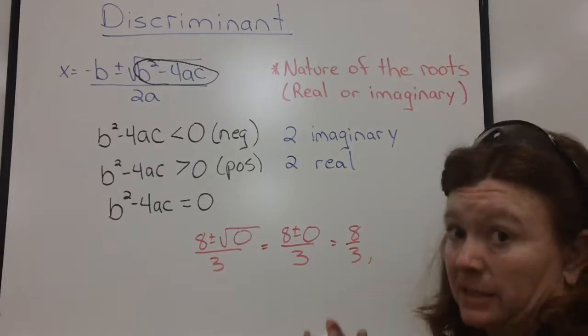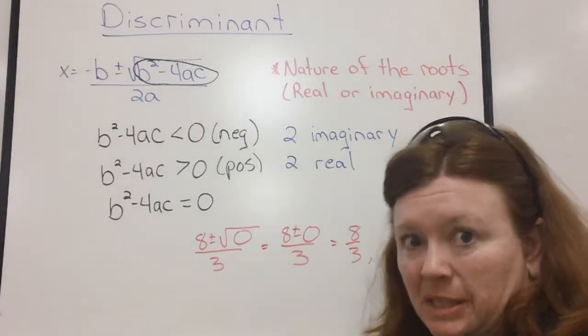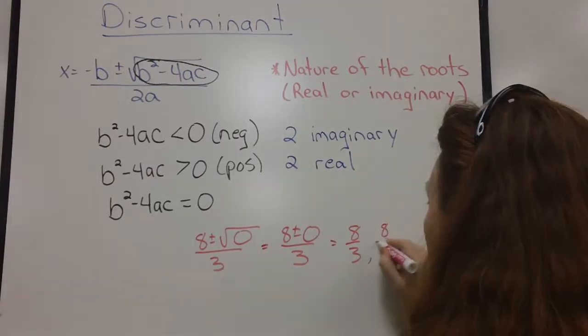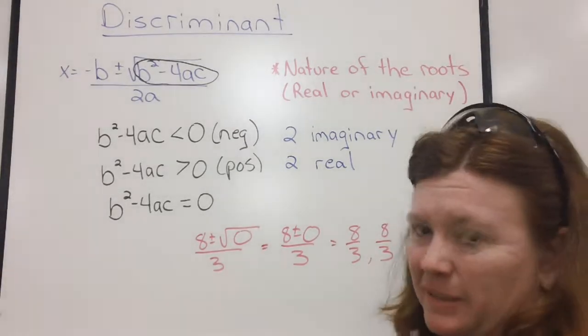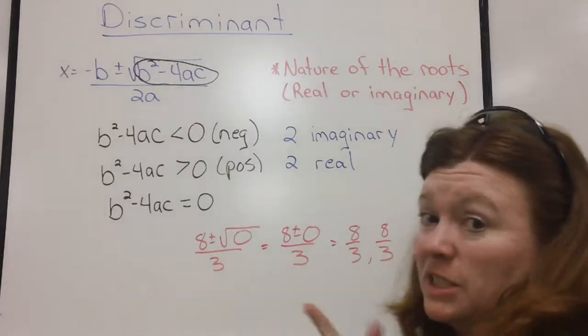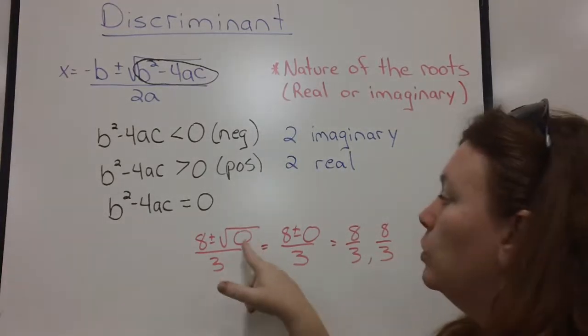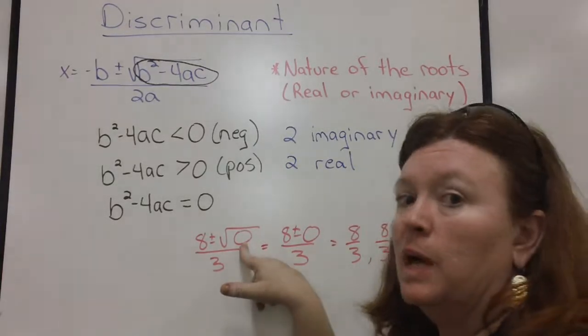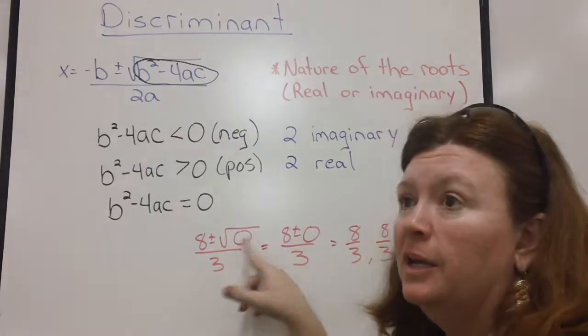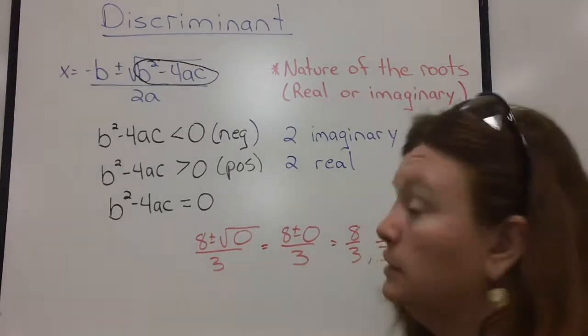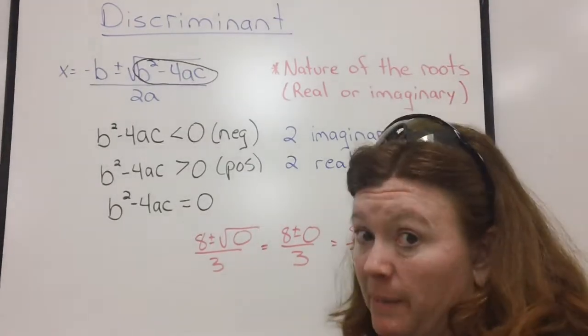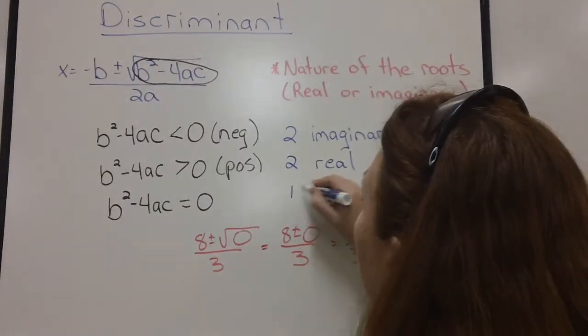And 8 minus 0 is still 8. I don't have 2 answers. I have 1 that I wrote twice. That doesn't count as 2 answers. It counts as 1. I have 1 answer. So when this value under the square root is 0, you're really only getting 1 answer. So instead of writing 2 real, it's not negative, so it would not be imaginary, it's only 1 real.